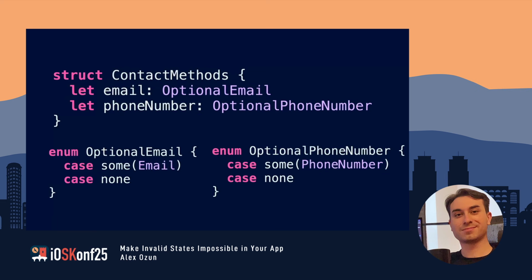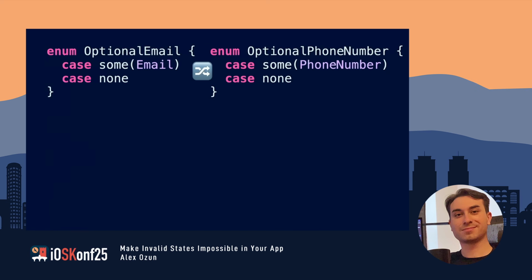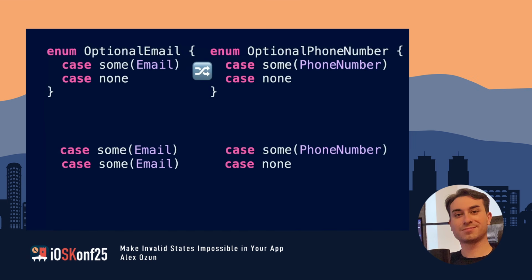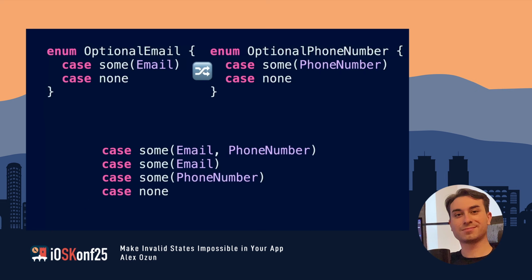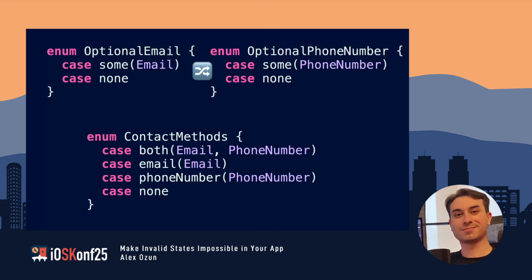We have two enums, and we combine them together under one struct. What this means is that we have a permutation of all their cases. So we have some email and some phone number, some email and no phone number, no email and some phone number, and none, none. And if we merge them in a single enum, we get something like this.